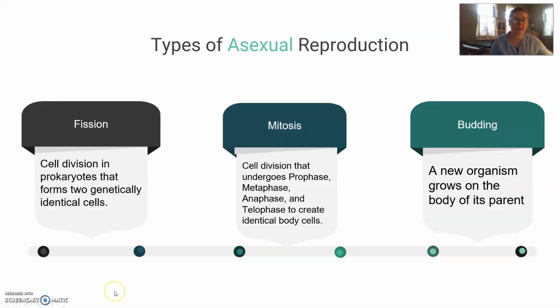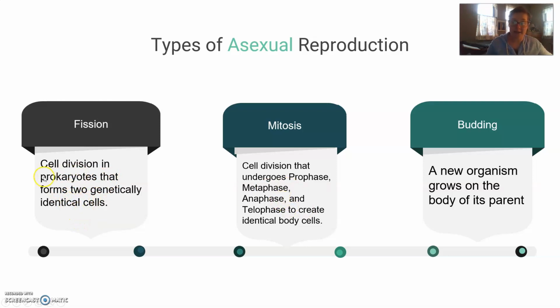So let's talk about some different types. There's actually 6 of them, and this just gives us a heads up of what we're going to talk about, but we're going to go into each of these more in depth. So today we're going to talk about fission, and we're going to talk about mitosis and budding. Fission is cell division in prokaryotes that forms 2 genetically identical cells. This is very, very similar to mitosis.